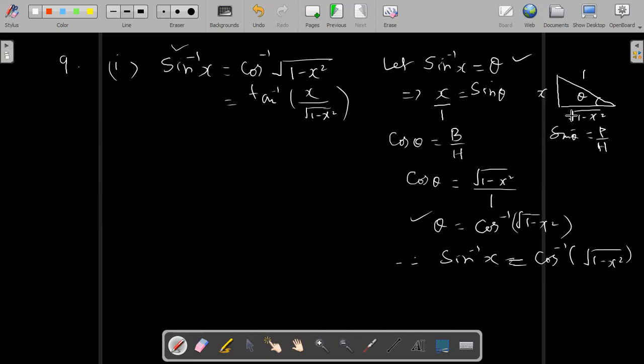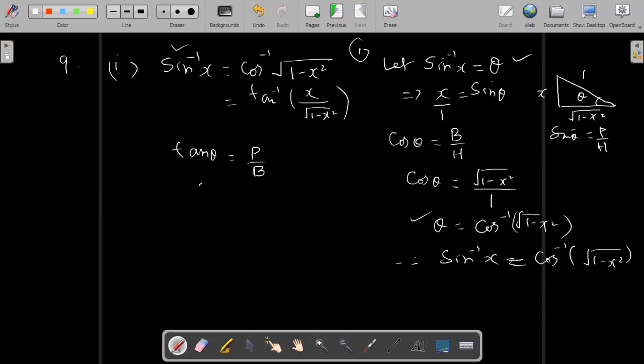Similarly, in the same triangle, if we want to convert sine inverse into tan inverse, we take tan theta. Tan theta will be equal to perpendicular upon base, opposite upon adjacent.